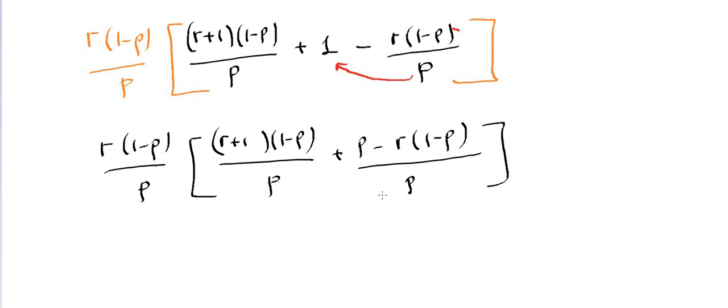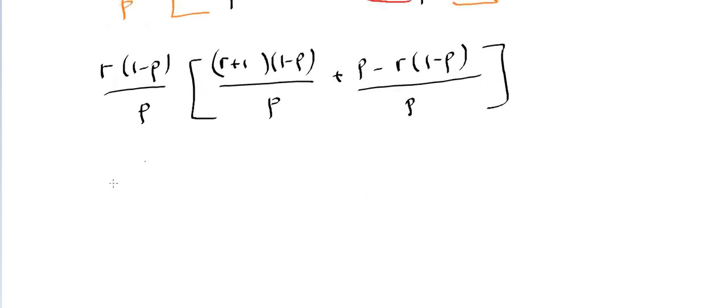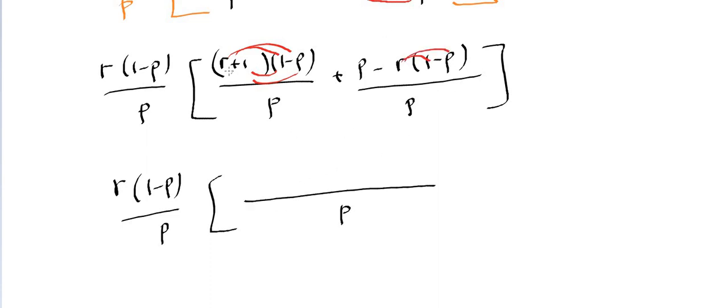Since we have the same denominator, now we can merge them. And we can distribute this, likewise here, and use the same denominator. So r times 1 is r, times negative p is negative rp, 1 times 1 is 1, 1 times negative p is negative p, plus we have p here, negative r times 1 is negative r, times negative p is positive rp.